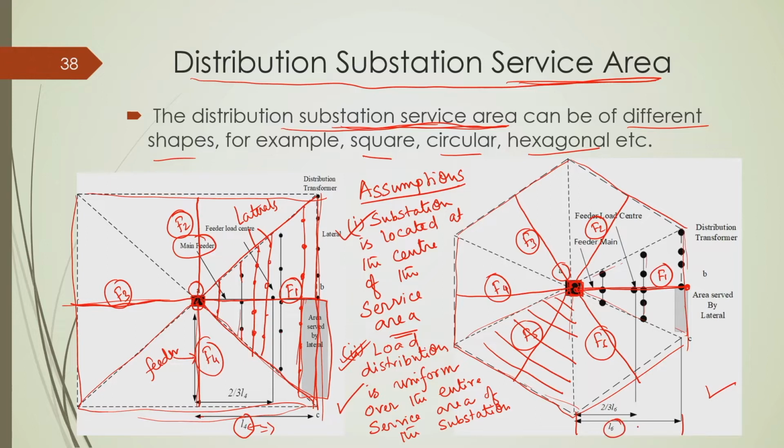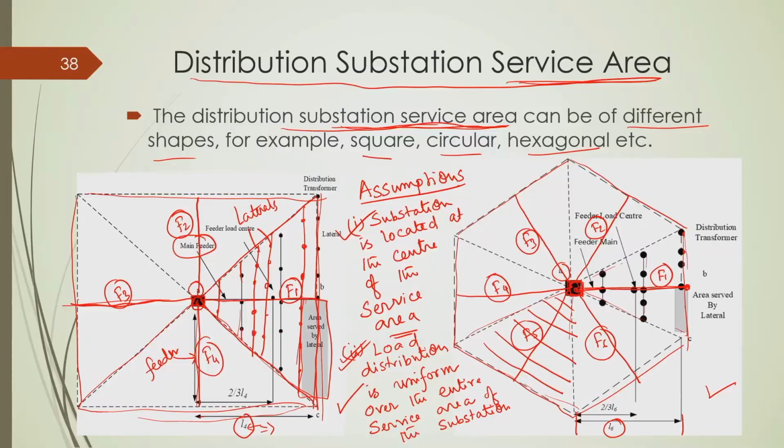Again, L is the length of the feeder in kilometer or in mile or in meter, whatever you can say, and this suffix 6 represents that it is associated with 6 feeders which are connected in a hexagonal service area.